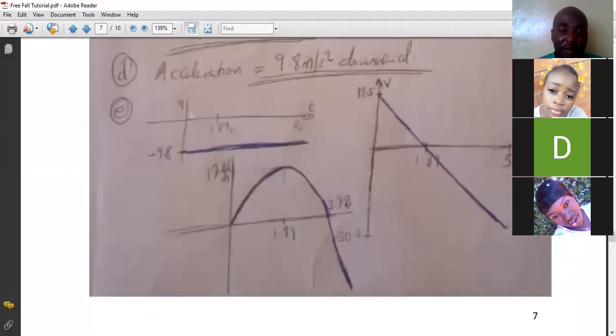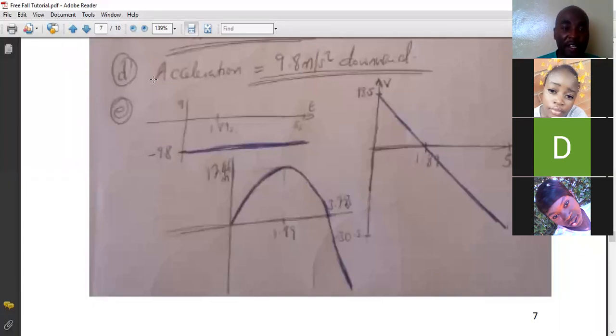For the acceleration time graph, the acceleration is negative 9.8 because it's going down. That's the reasoning. g is positive 9.8, but in this action it's negative because it's going towards the center of the earth.